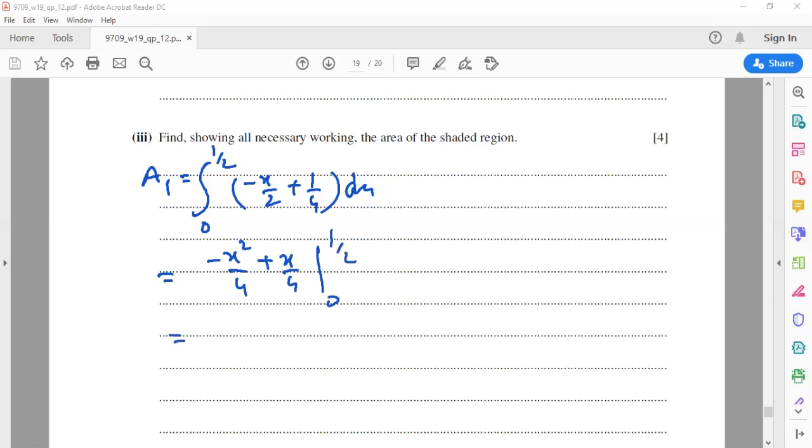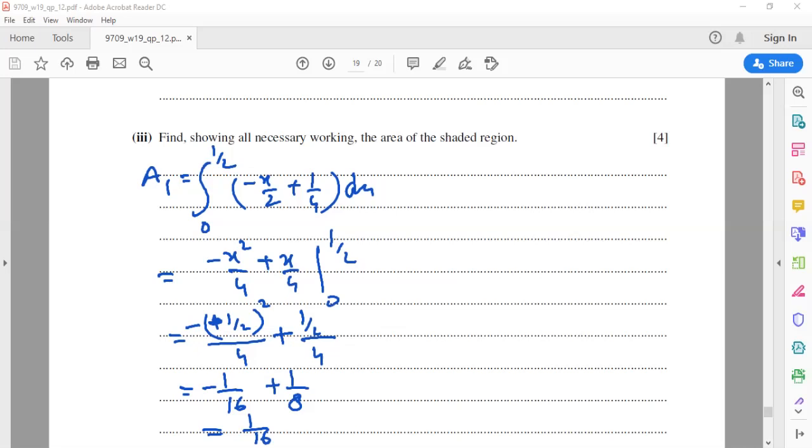We don't need to place 0 here because it will make it 0. So minus (1 over 2) squared over 4 plus 1 over 2 divided by 4. So this becomes minus 1 over 16 plus 1 over 8. When we subtract them, this becomes 1 over 16.